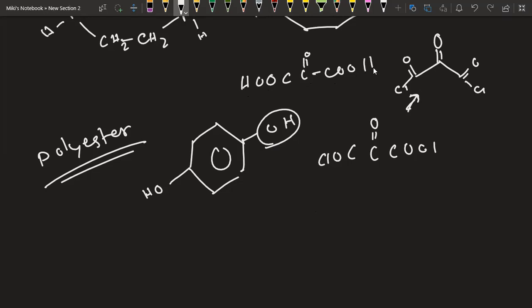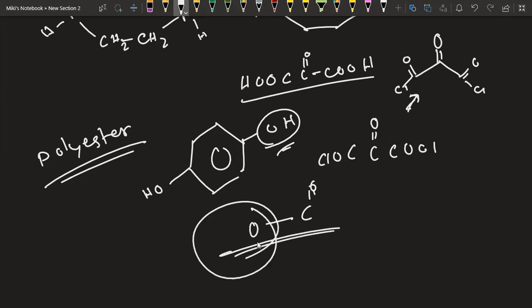Let's say this is the other monomer being formed. What will happen? This is acidic, this is acidic. No one will react, isn't it? Because both are acidic. That's why we need this group, but how can we do the reaction then? Because ester needs this group.